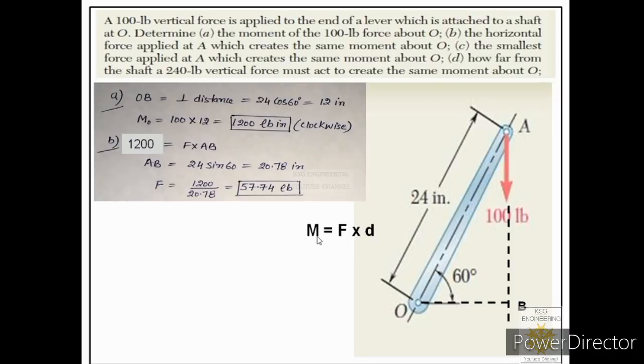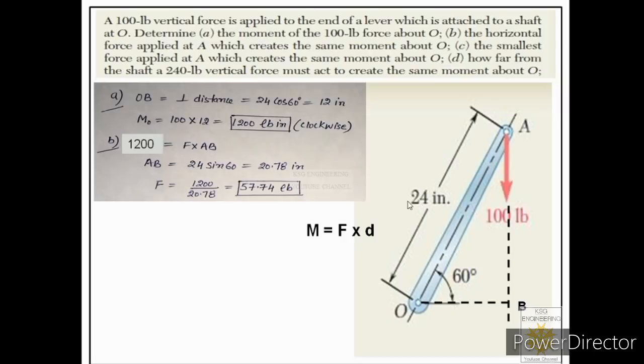Now over here we have to understand in which direction we should apply that minimum force so that the moment arm is maximum. Over here we are given one lever, and in order to use maximum moment arm we have to use the full length of the lever, that is 24 inches.